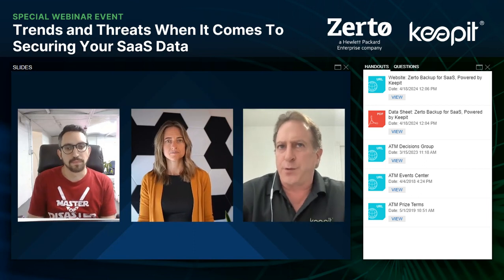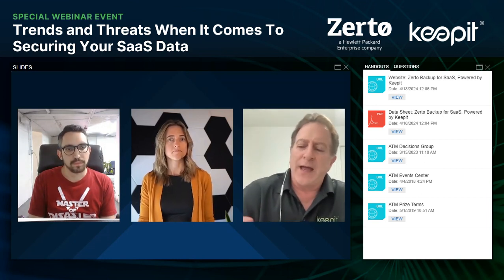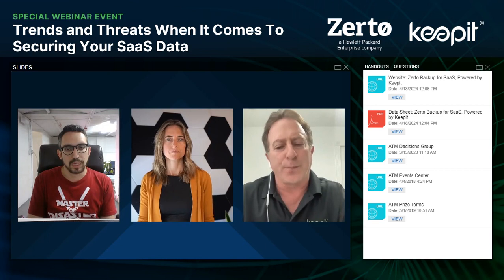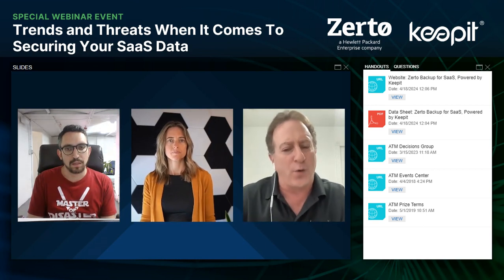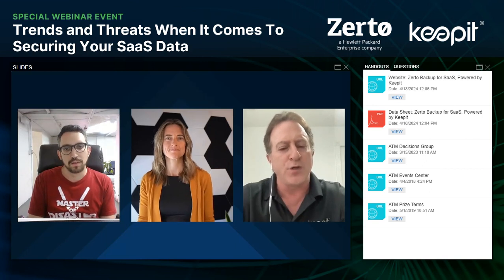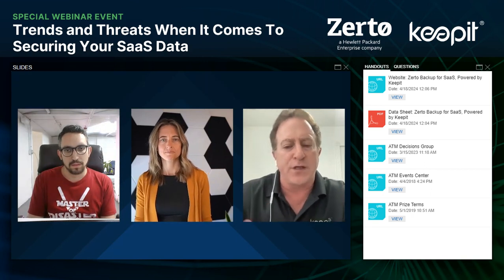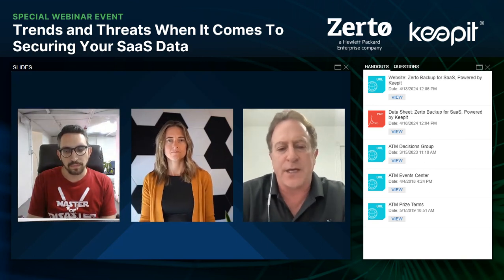Even Gartner predicts that by 2028, 75% of enterprise applications will be consumed in SaaS. And so as you start to look at what you're doing on your networks within your company's organization, how do you prepare? That's understanding the why. That's kind of following where the puck is heading towards, and what can you do to prepare to make sure that your staff, your environment is well prepared for the continued evolution of where SaaS applications are going to.